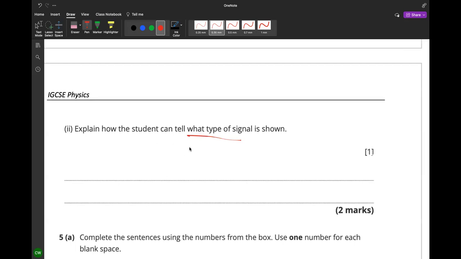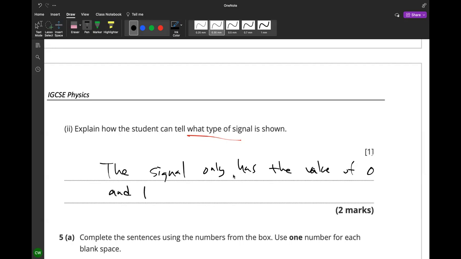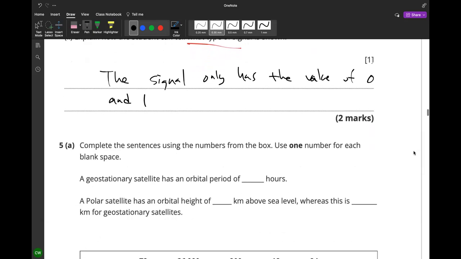The signal only has the value of 0 and 1. So it's called digital.